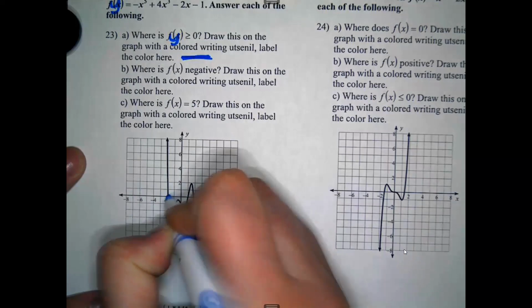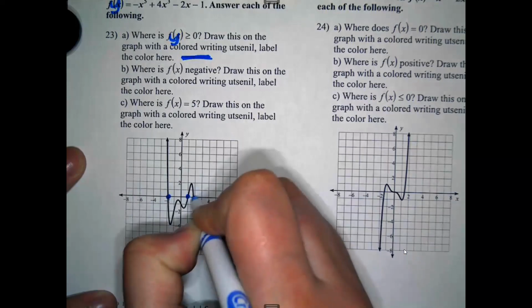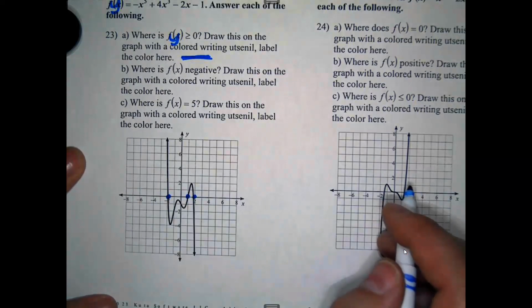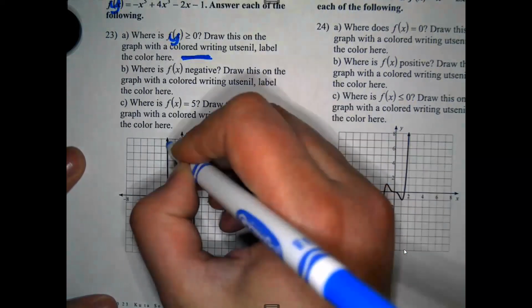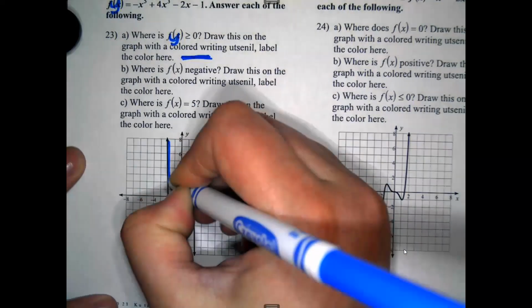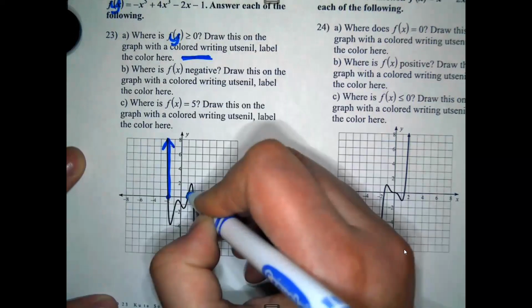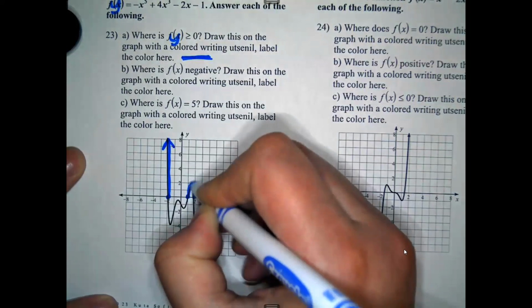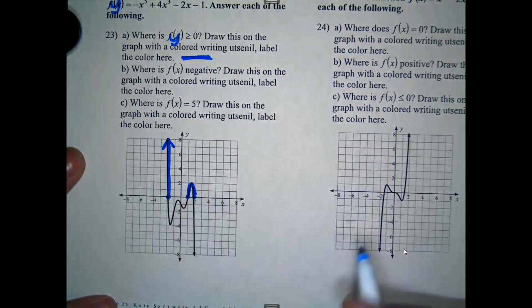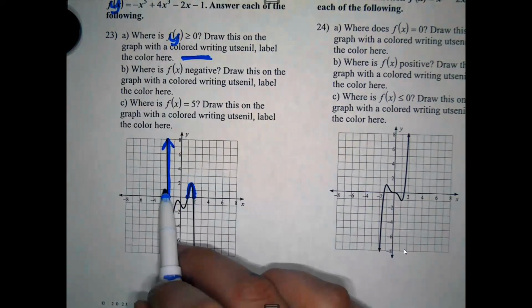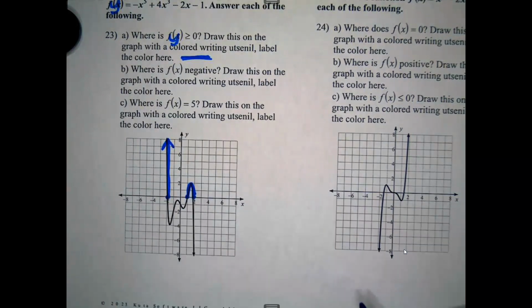So I'm going to say here are the 3 places where the y value equals 0 exactly. And then here, right here, and right here, those are the 2 places where the graph was greater than 0. Does that make sense?